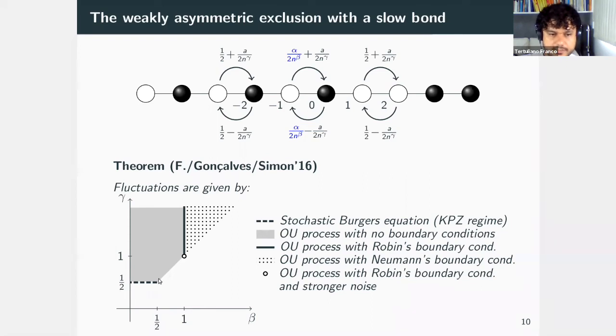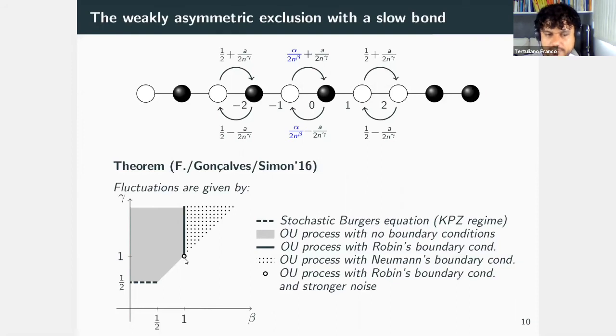If gamma is equal to 1/2, we show that the limit is given by the stochastic Burgers equation, which lies in the KPZ regime. And the other cases are all Ornstein-Uhlenbeck processes: in the gray region with no boundary condition, with beta equal to 1, this strong black line is with Robin boundary condition, and the dotted region is with Neumann boundary condition.